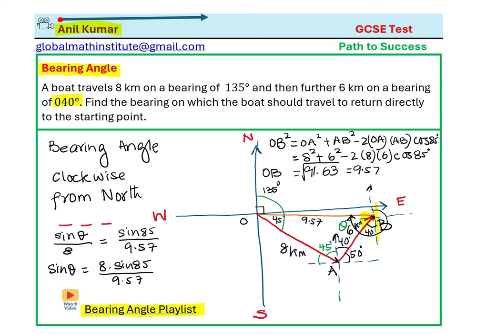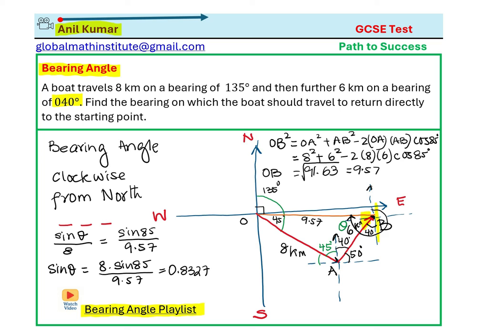So 8 times sine of 85 divided by 9.57 equals 0.8327. It is important to write this in 4 decimal places.